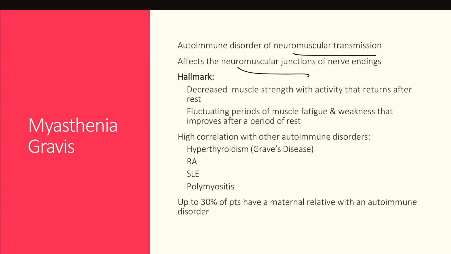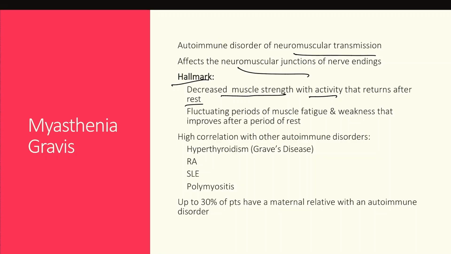Remember, we talked about yesterday, the antibodies occupy the receptors for acetylcholine on the postsynaptic membrane, and by sitting there, it blocks the conduction of acetylcholine. It has no effect on the muscle. Therefore, you can become very, very weak, and eventually you'll lose your strength. So the hallmark for myasthenia gravis: decreased muscle strength with activity that returns after rest.